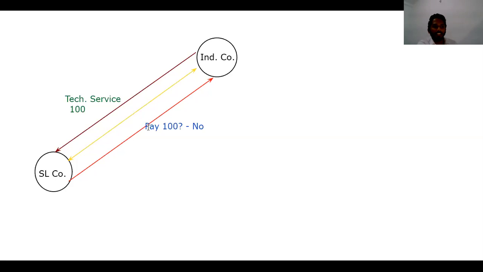Can we pay 100 entirely? No, you cannot. Section 85(1)(b) covers a service fee with a source in Sri Lanka paid to a non-resident person. They rendered a technical service to a Sri Lankan company, and as per section 73, there is a source.